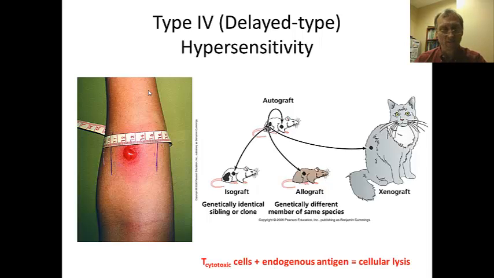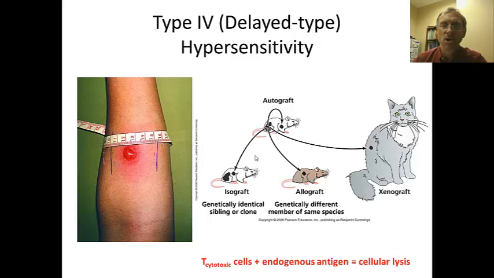This is illustrated very nicely over here on the right-hand panel, where we transfer some tissue from one animal onto another animal. If the donor and the recipient are genetically extremely similar, the antigens are not going to be significantly different between the donor and the recipient.